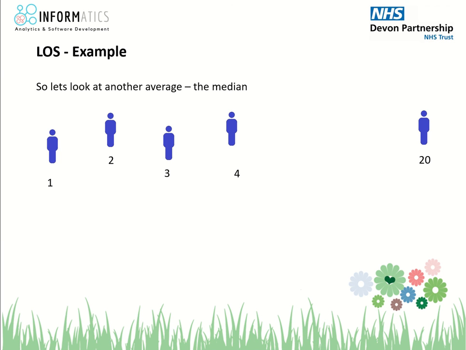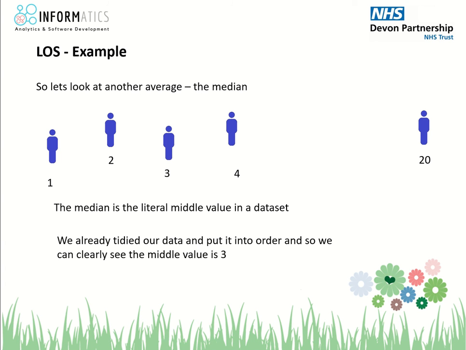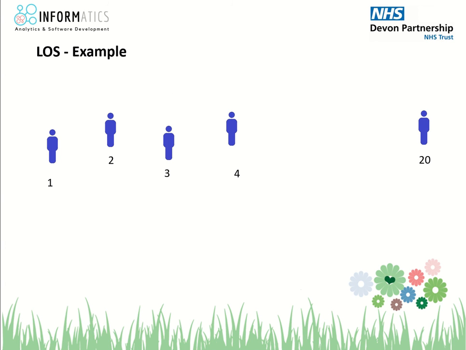So an alternative is to look at a different version of calculating average, which is the median, which I'm sure you could all remember from school, is the literal middle value of a data set. So we've already tidied our data and put it into order, which makes it a little bit easier. And we can clearly see that our middle value in this instance is 3. So again, is 3 a better representation of our data set?